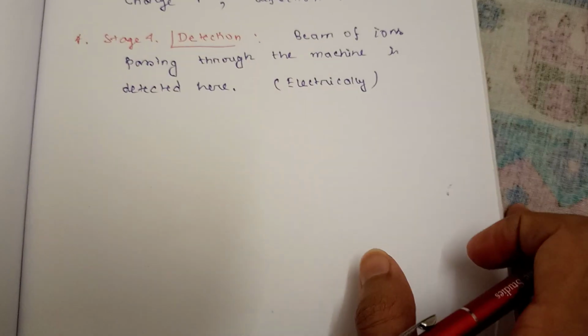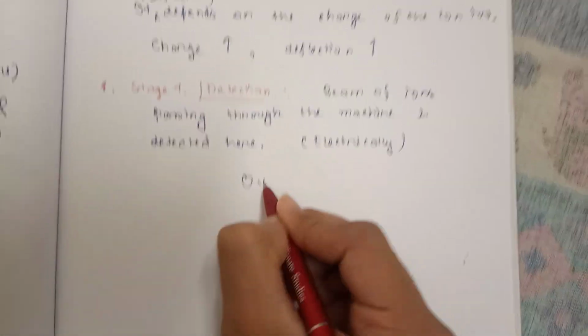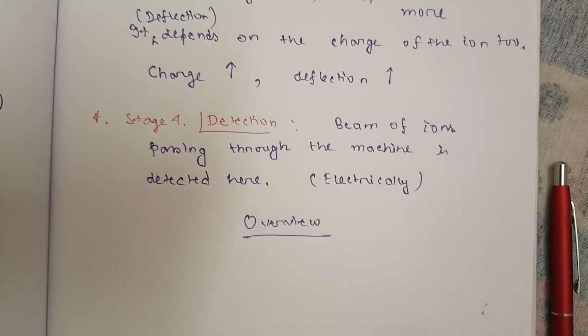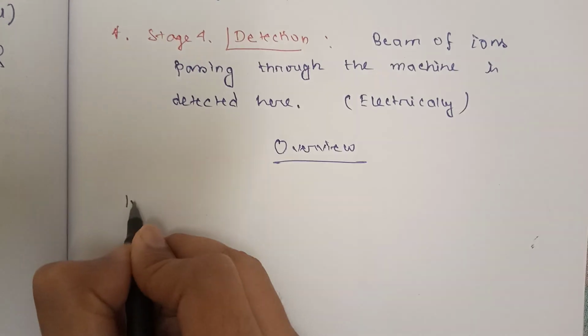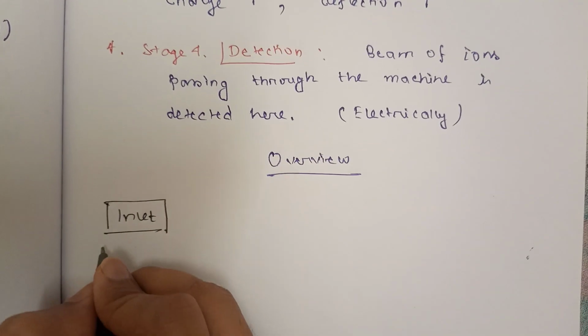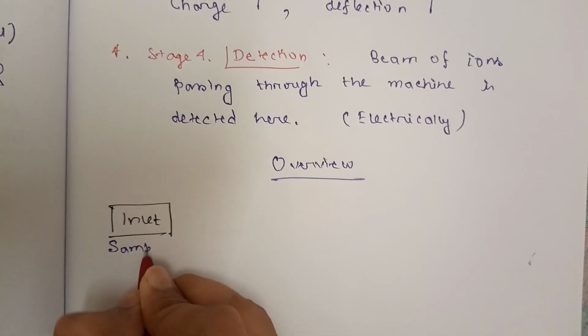Now if we draw an overview of the mass spectrometer, first there will be one inlet, that means here will be the sample introduction.